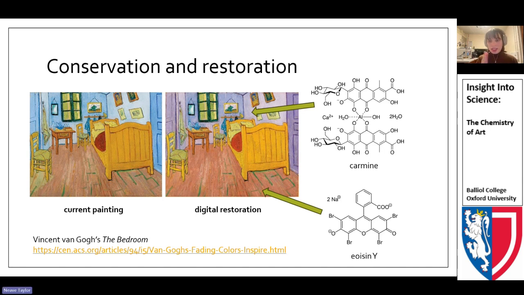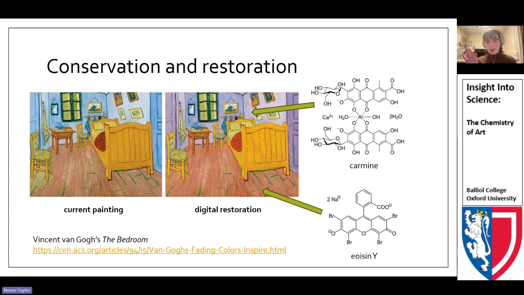So the reason that this kind of back calculation, this estimation of what the painting used to look like, is possible is because Van Gogh actually wrote in a huge amount of detail what pigments he was using in his paintings and where to his friends and family. So I'm not sure that every member of his family loved hearing that level of detail about his pigment choice, but it's really useful for scientists who now have access to those letters because now they know, okay, this is what we started off with the painting.